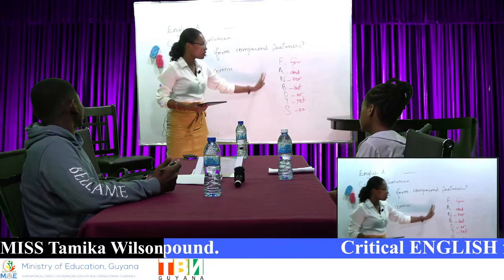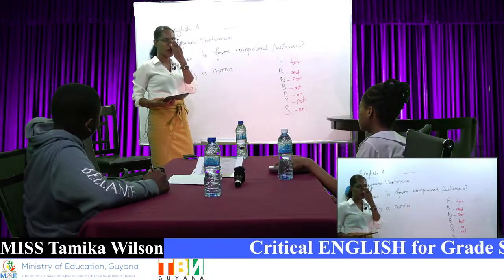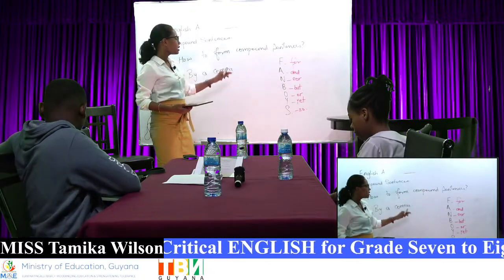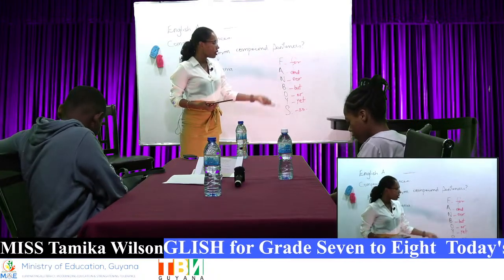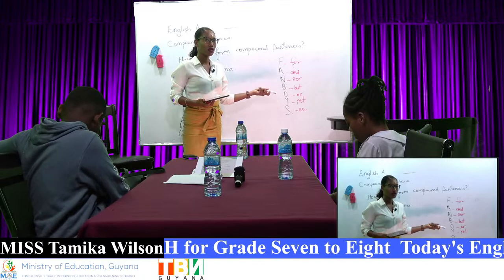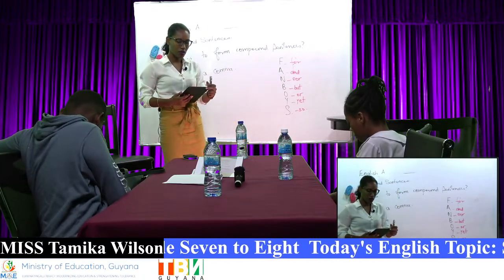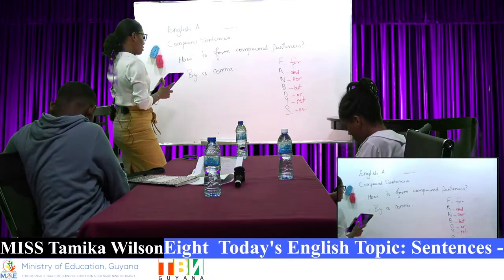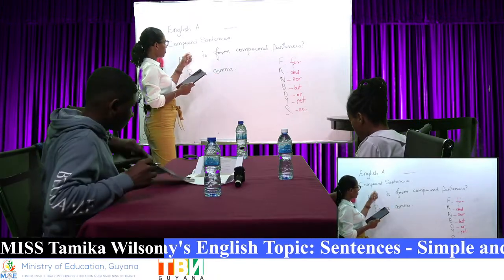So take this down, remember it, and commit it to memory, so that anytime you see compound sentences, you're thinking about using FANBOYS. If it can't work, then you've got to resort to another conjunction. But these are the common conjunctions to join compound sentences.